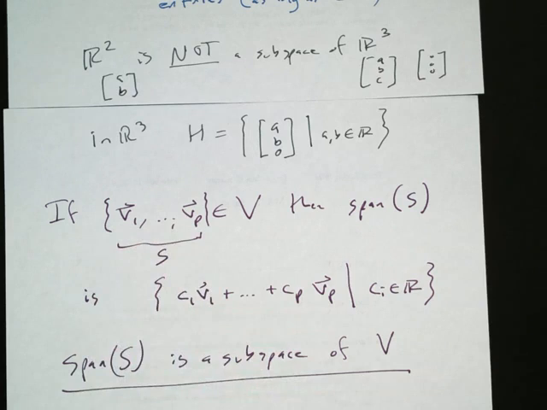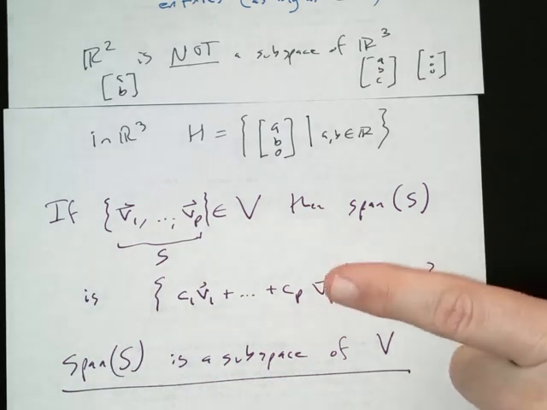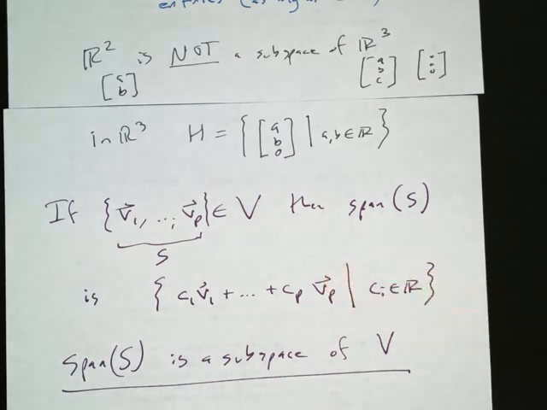If I can build a good set S that allows me to describe my vector space nicely, I get a better handle on that vector space. We did this with Rn by using the vectors E1, E2, E3, and so on.